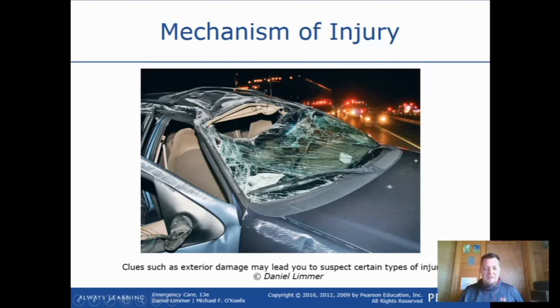This is all messed up. It maybe doesn't look like a rollover because of the semi back here. They may have just sideswiped it, but we don't know that for sure just based on this picture. But we do know there may be some injuries here to the driver. Minimal injuries probably if it was a side swipe. And then this patient right here is probably the worst-off patient just because they were on that side if it was a side swipe.